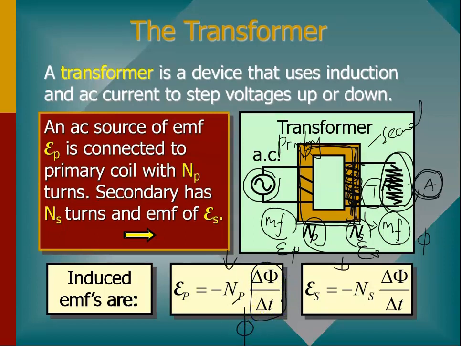We did learn this in the chapter on electrostatics. Similarly for the secondary EMF, we have a similar equation, a product of the number of turns in the secondary times the flux in the secondary. So this is the induced EMF.